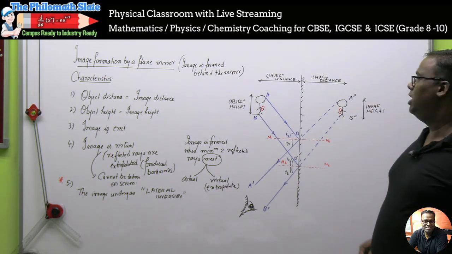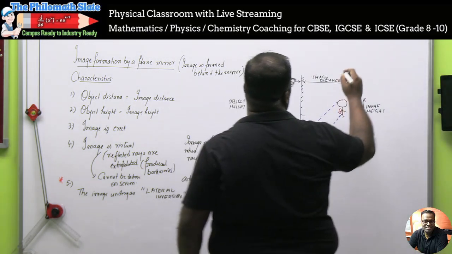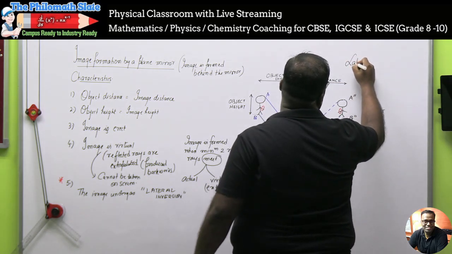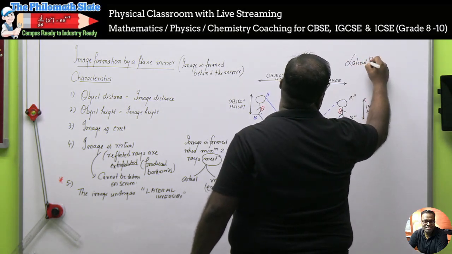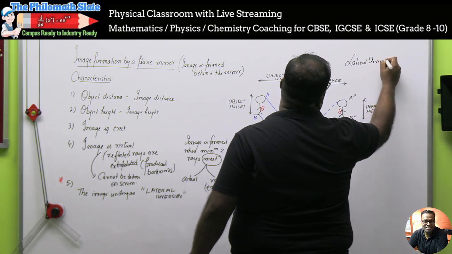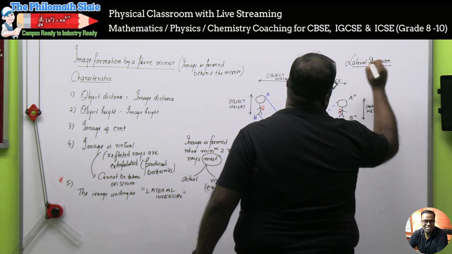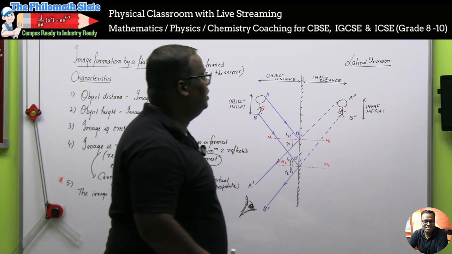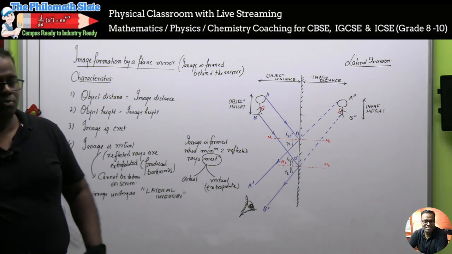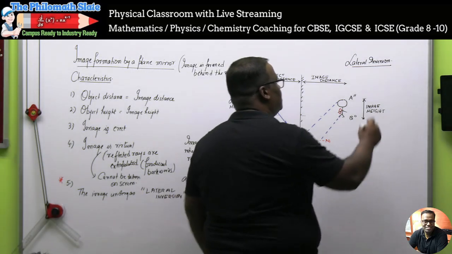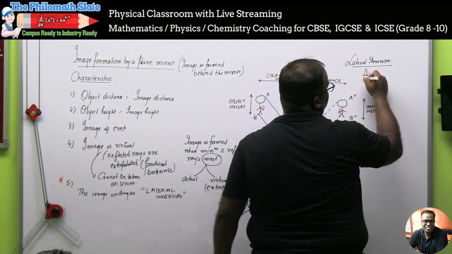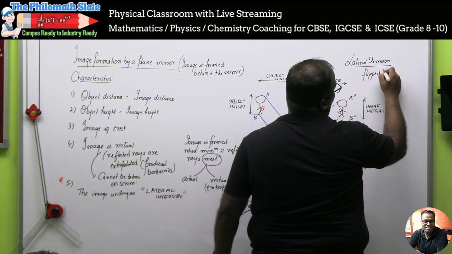Selfie. So what is the meaning of lateral inversion? Now we have to write the definition. Come on, write the definition separately. Lateral inversion: when the image of an object is flipped horizontally.